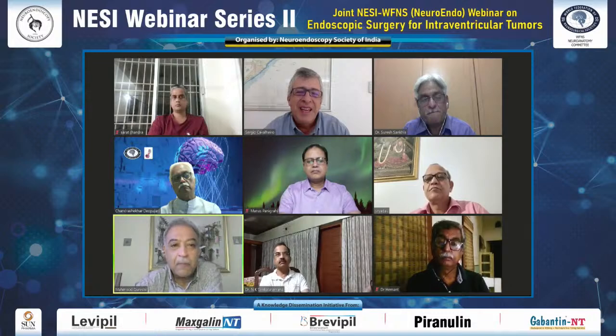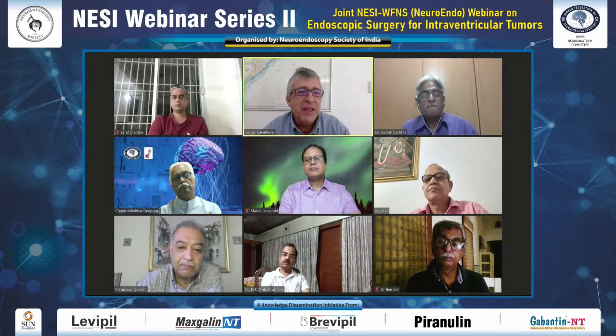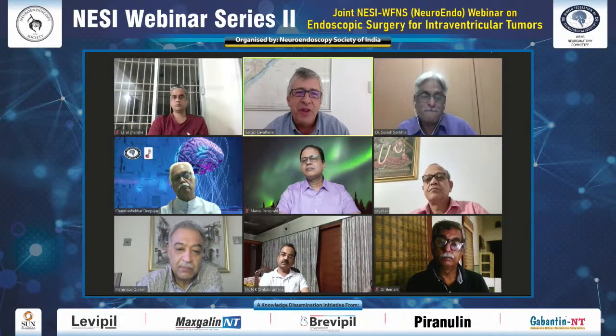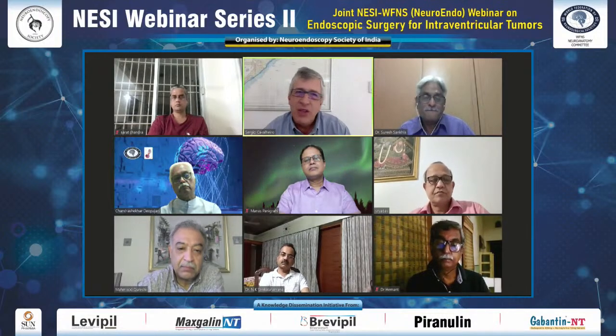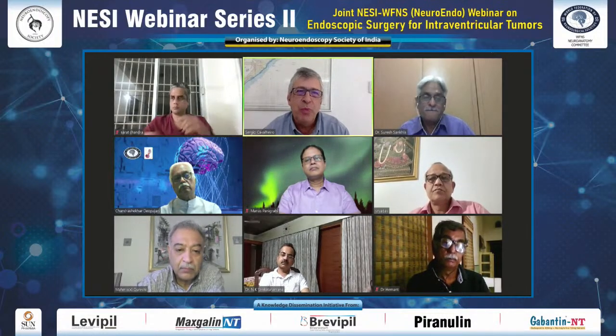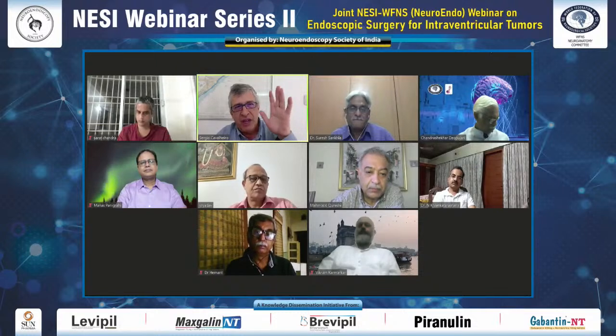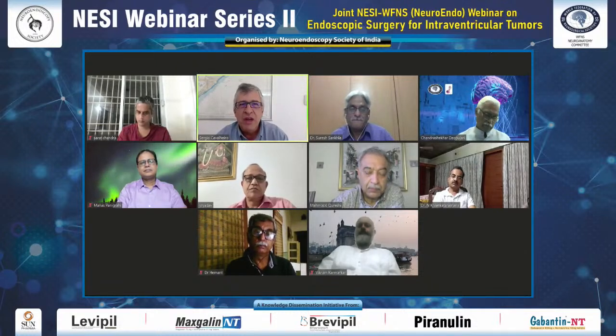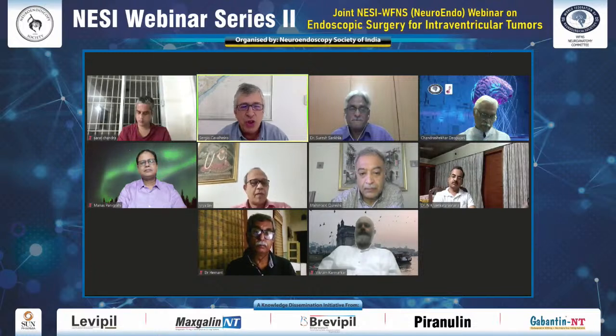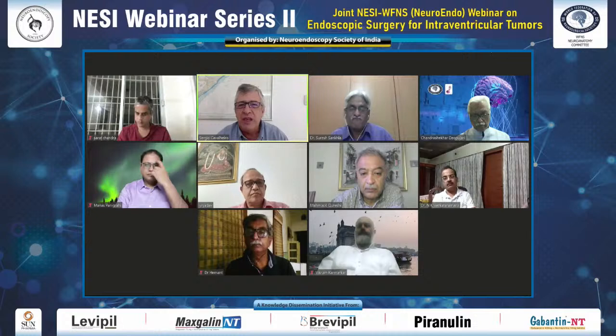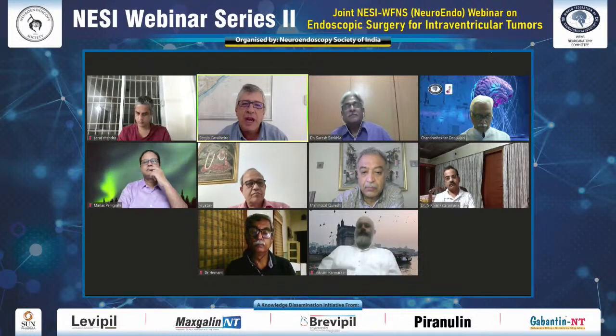Thank you, Mohammed, for this question. I think the fornix is a very important structure. You need to protect the fornix sometimes. In the third ventricle, when you go from the lateral ventricle to the third ventricle, you have some structures you need to protect. If you see the literature, you can cut one side of the fornix without any problems.